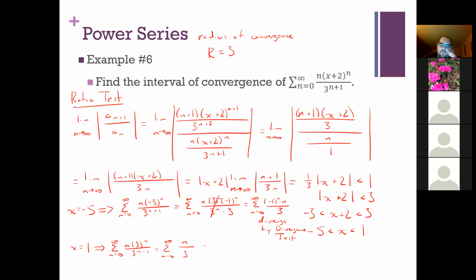And that is also going to diverge by the divergence test. That's going to go to infinity without bound. So really my interval is this: I do not get to include either one of the endpoints. So it only converges for x values between -5 and +1.